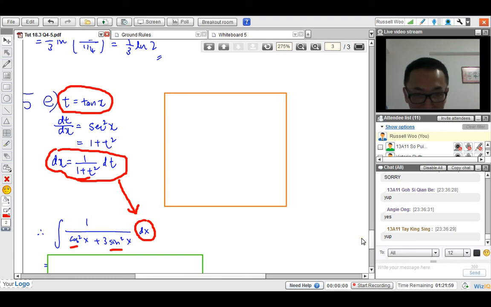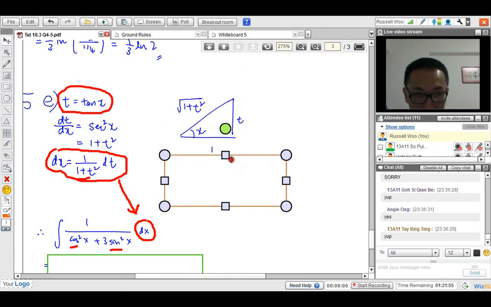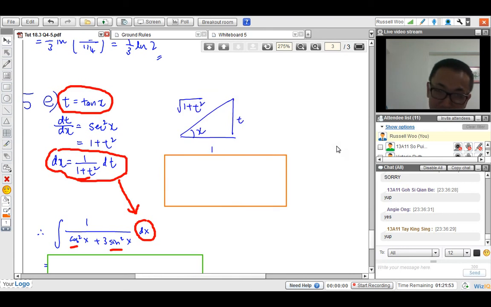So the same right angle triangle. It's just that this time the angle is x, not x over 2. You just got to answer yourself what is sine x and cosine x.